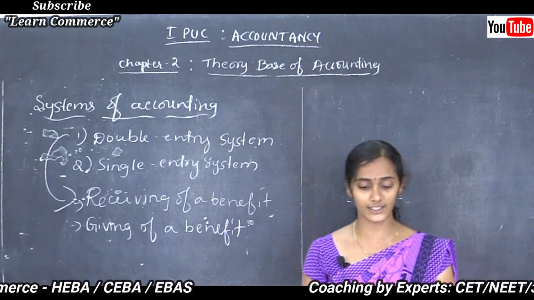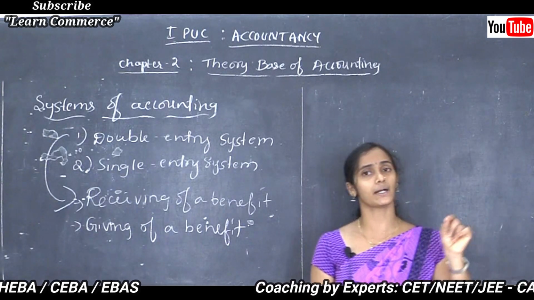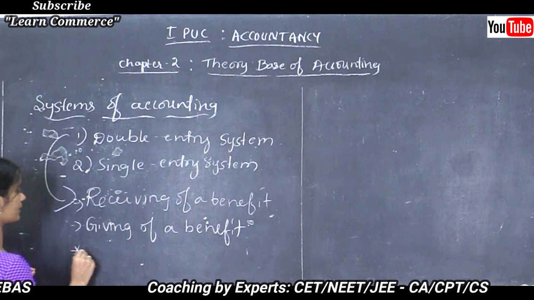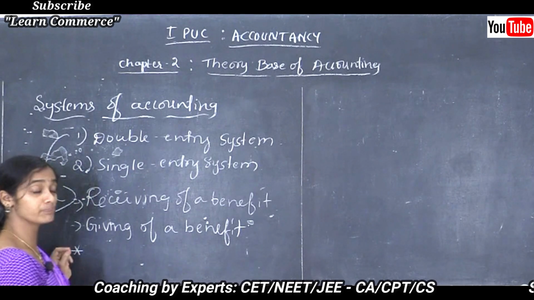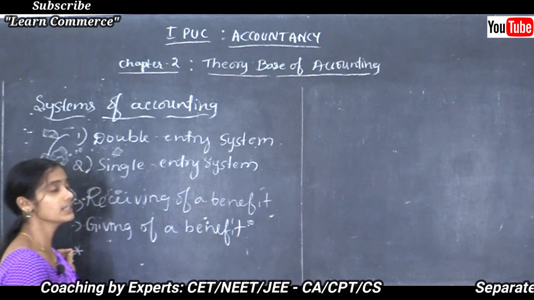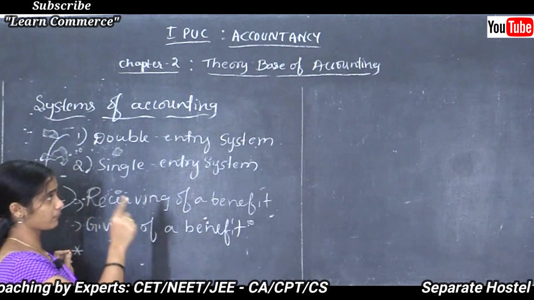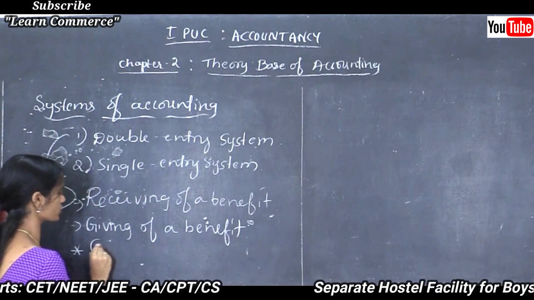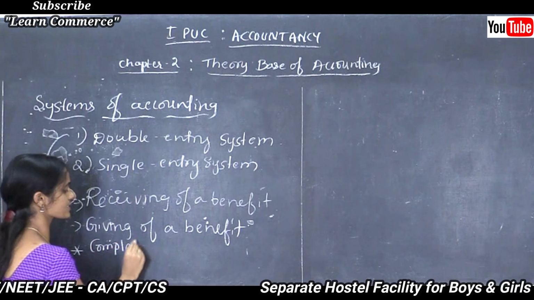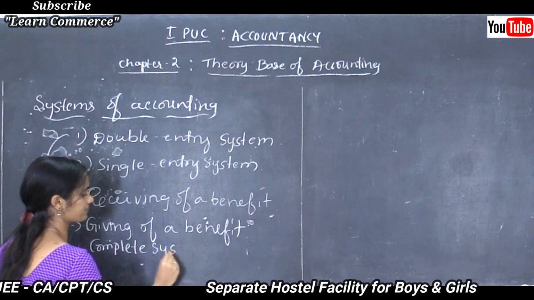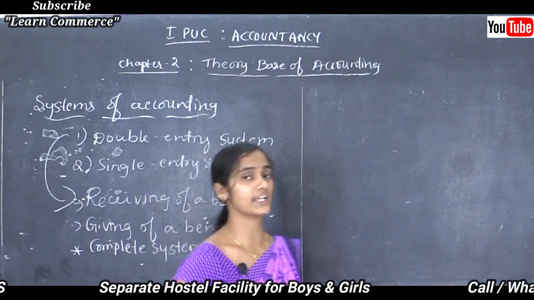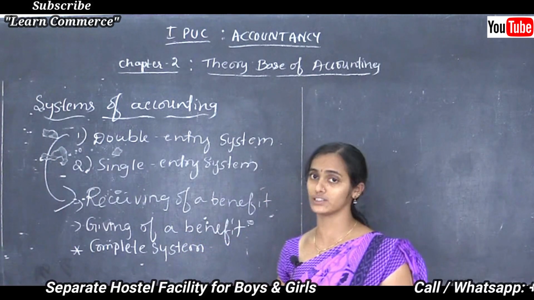This double entry system of accounting is a complete system of accounting. We can believe the information of an organization that is following it. It is a complete and accurate system, and more reliable.